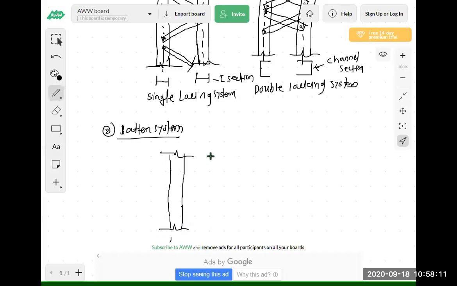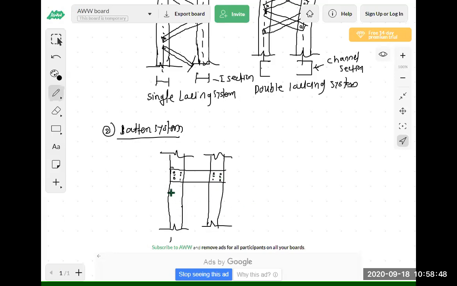So now this is the batten system. These are the two I sections or channel sections, and we are providing battens here. These are the rows of bolts.